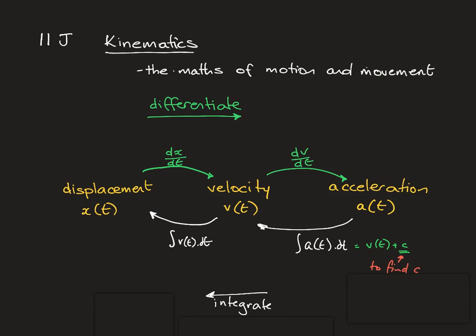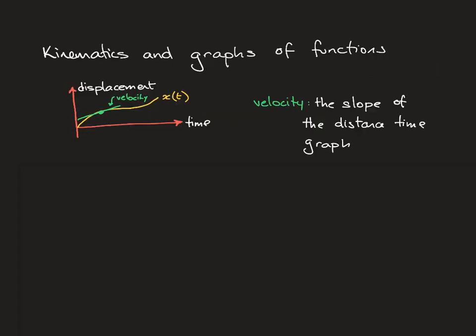The same goes if you're doing an indefinite integral with velocity: you'll get out your displacement formula but with a plus c. Okay, so let's have a look at kinematics and the graphs of kinematics.